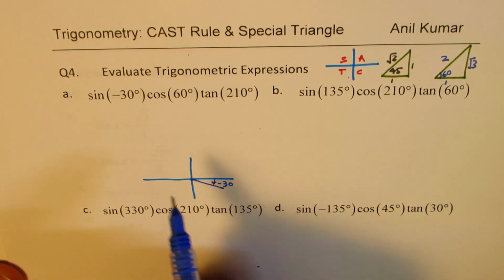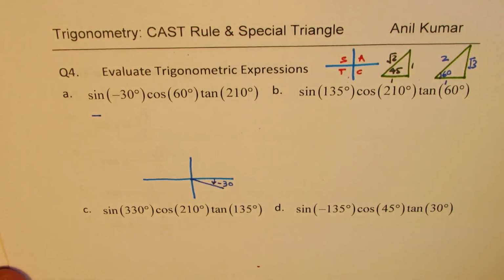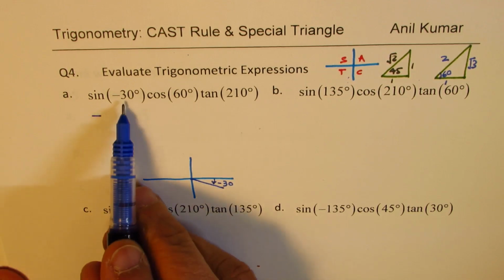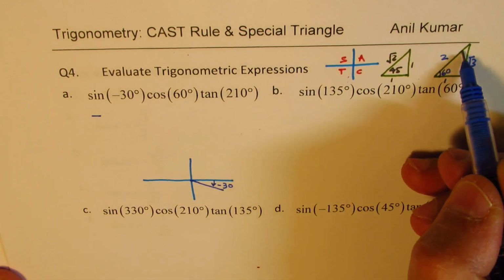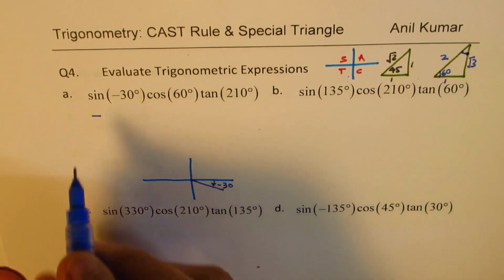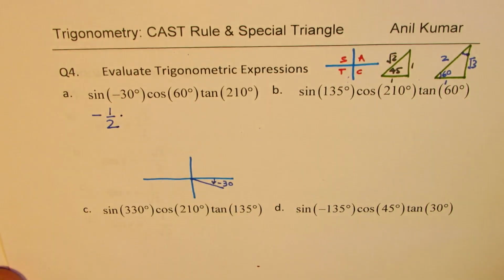Since you are in quadrant 4, only cosine is positive, sine is negative. Now for 30 degrees, what is the value of sine? Looking at this triangle, sine is opposite over hypotenuse, so it is half. So you get the sine value.